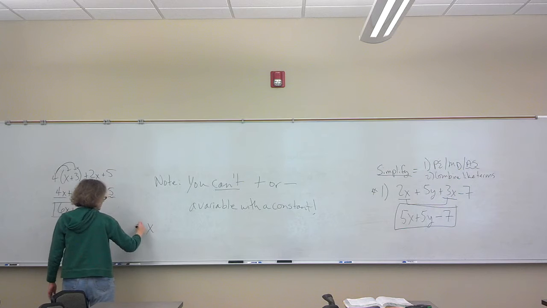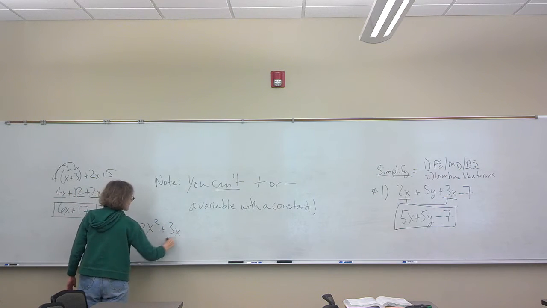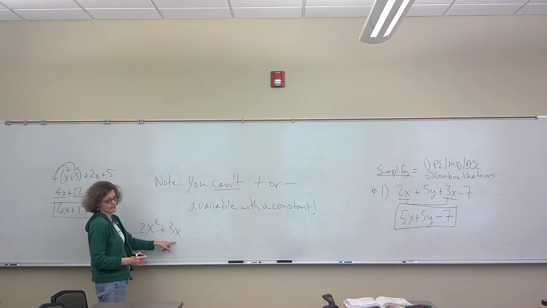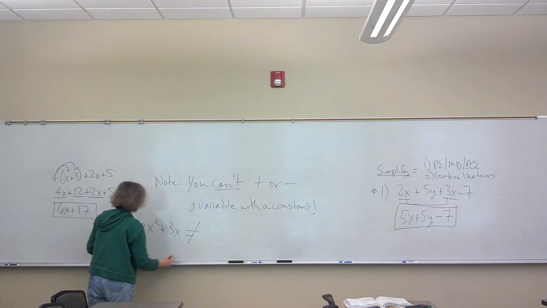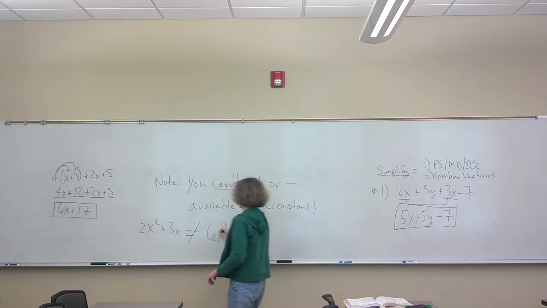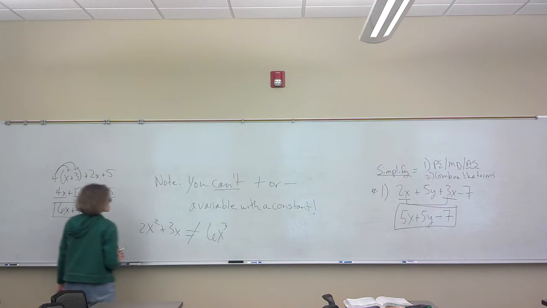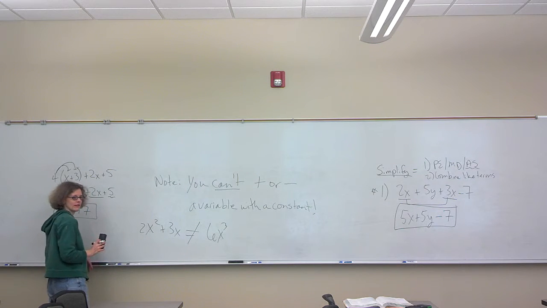Notice you have this 2x squared plus a 3x. They both have x's in it, but the terms are different because this is a square and this isn't. This does not equal 6x to the third. And I'm going to erase it really quick once you get the idea.